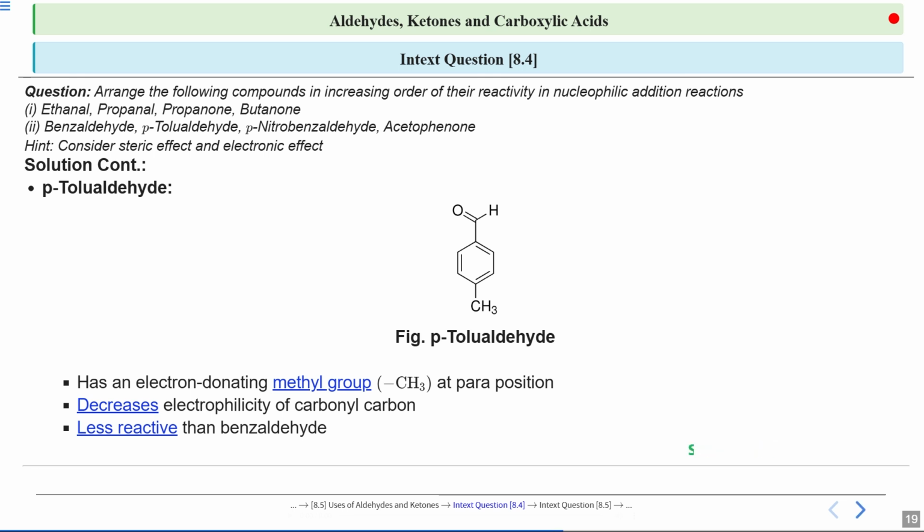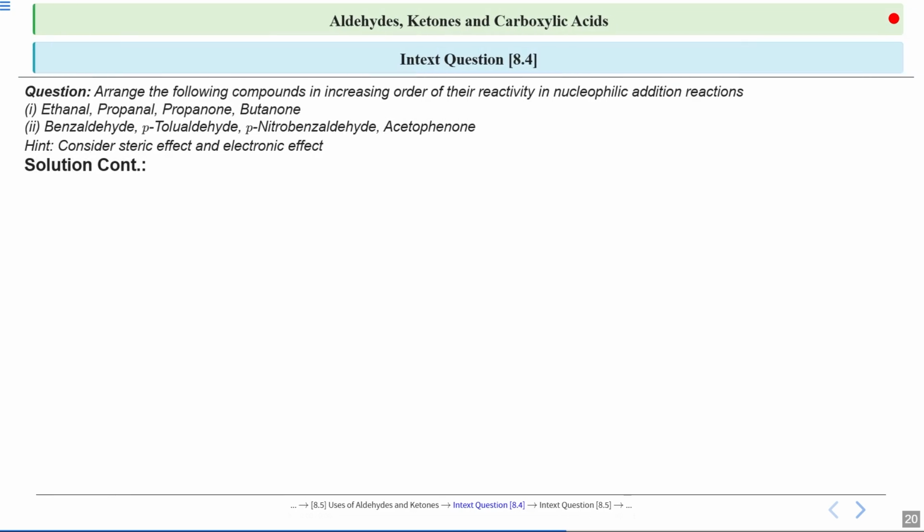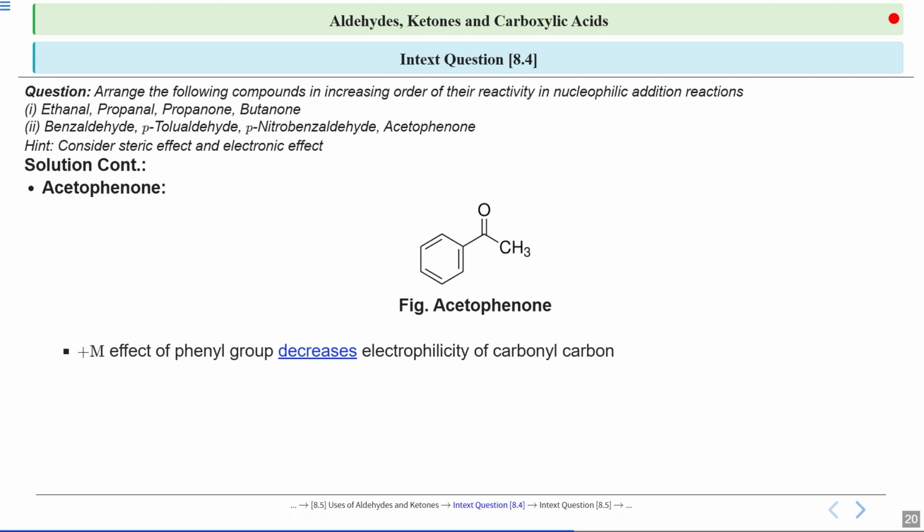And let's talk about the last compound, which is the fourth compound. It is acetophenone. In case of acetophenone, the plus M effect of the phenyl group decreases the electrophilicity of the carbonyl carbon. The phenyl group, which has a positive mesomeric effect, will decrease the electrophilicity, so the carbon is less likely to attract the nucleophiles because of the electron donating nature of the phenyl ring.